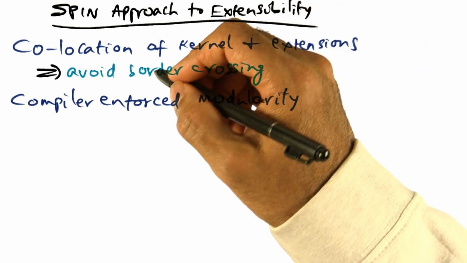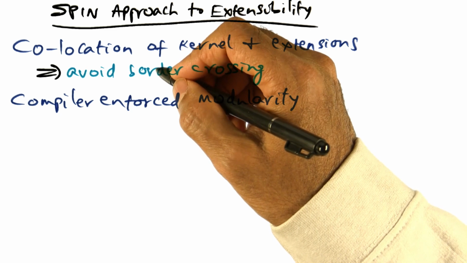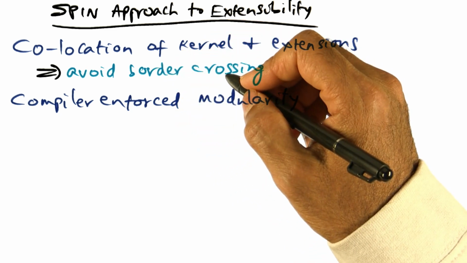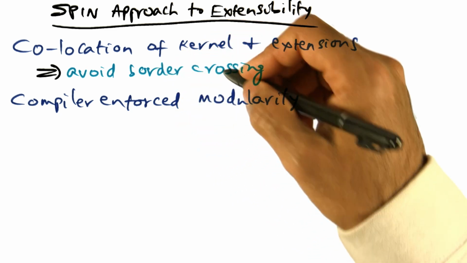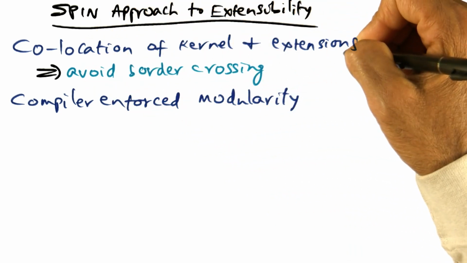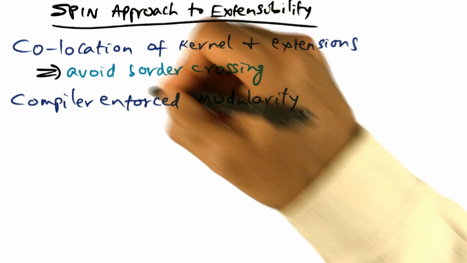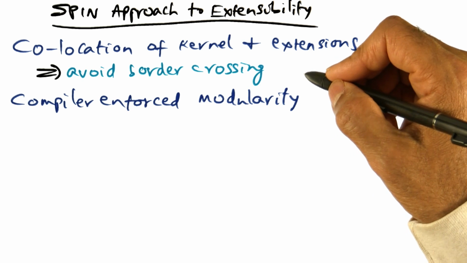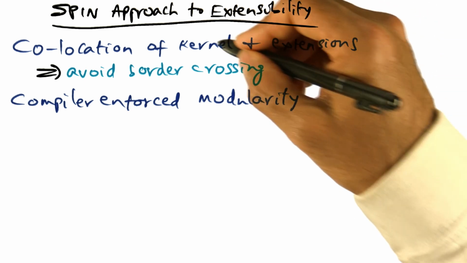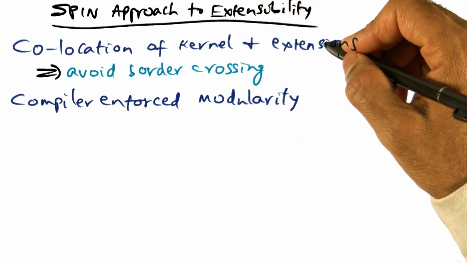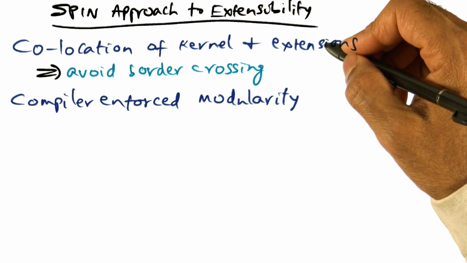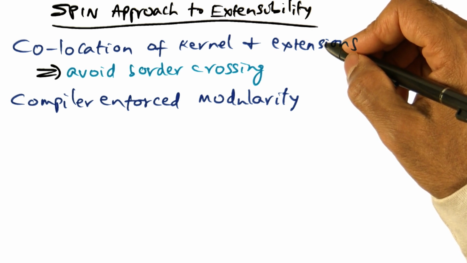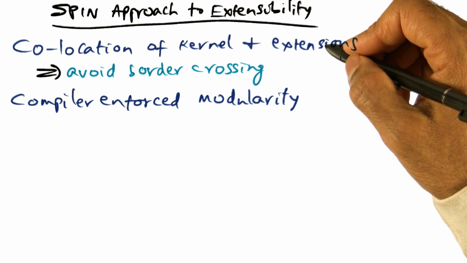So the key idea in Spin is to co-locate a minimal kernel with its extension in the same hardware address space and avoid the border crossing between the components of the kernel and the extensions of the kernel that are containing the specific services that the applications need.